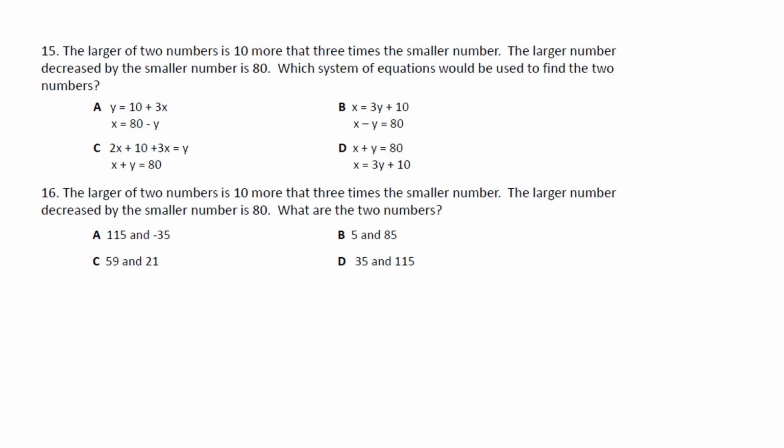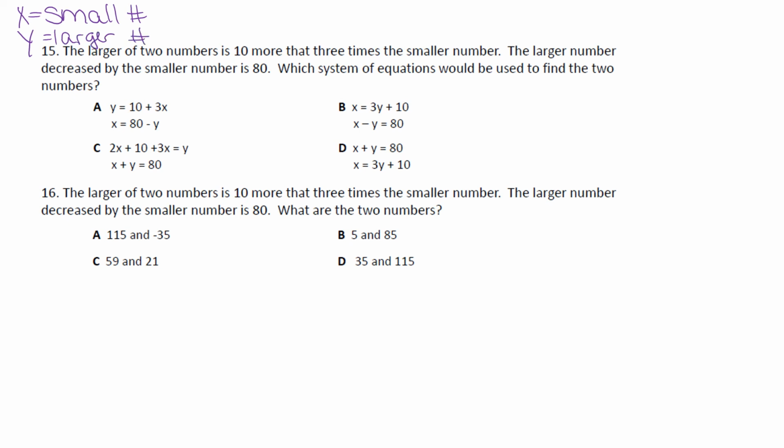Number 15. The larger of two numbers is 10 more than 3 times the smaller number. The larger number decreased by the smaller number is 80. Which system of equations would be used to find the two numbers? So we're going to let x be our smaller number and y the larger number.